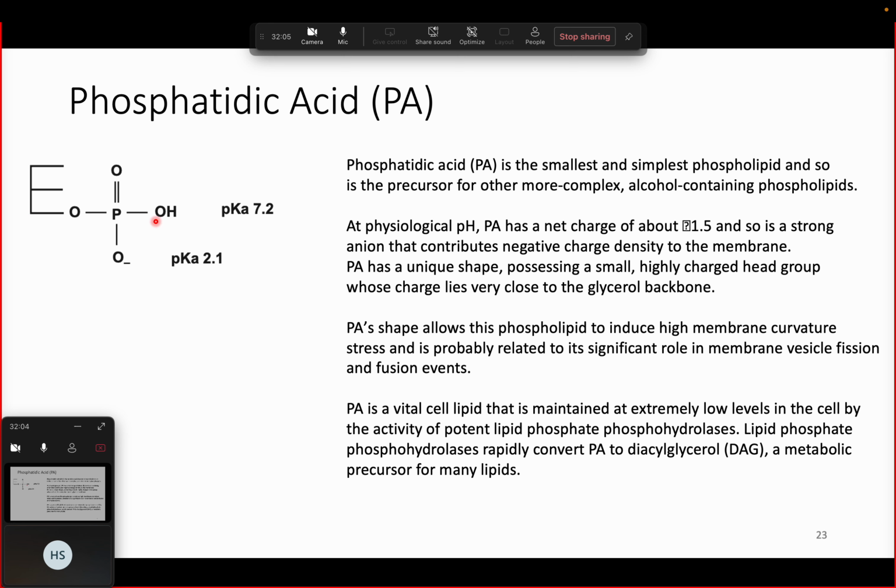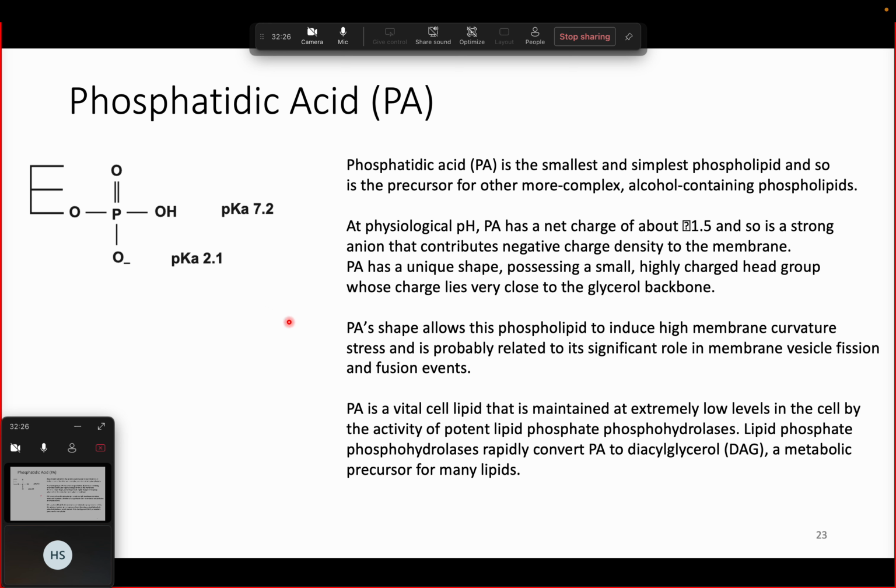As the head group doesn't have any extended alcohol groups attached to it, the negative charge lies very closely to the tail, it is not dispersed, correct, indicating that a lot of charge is concentrated on a small head and the tails are closer to the head.